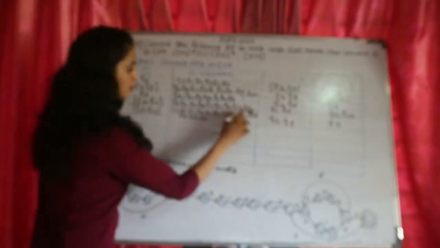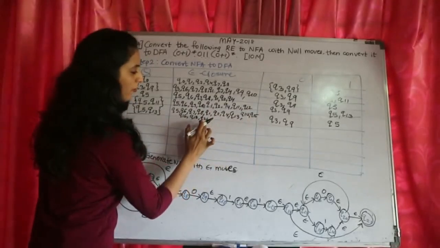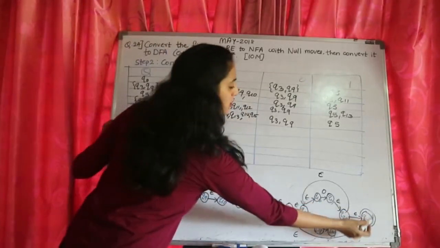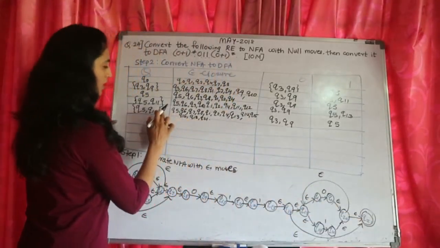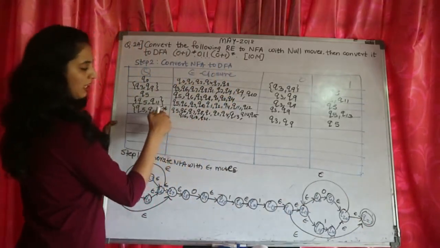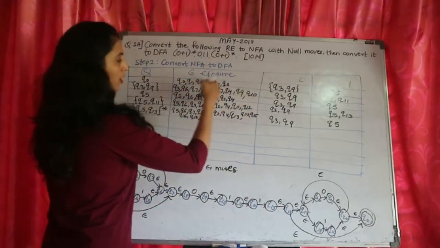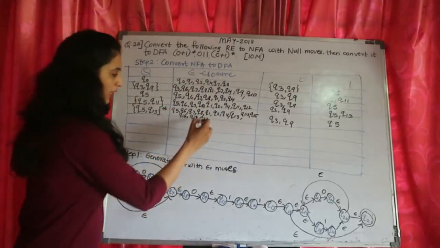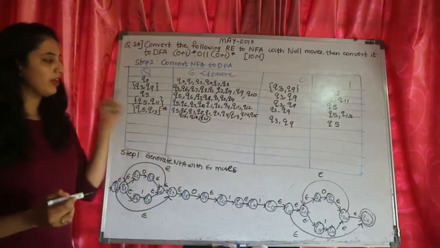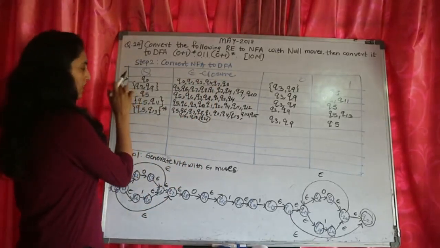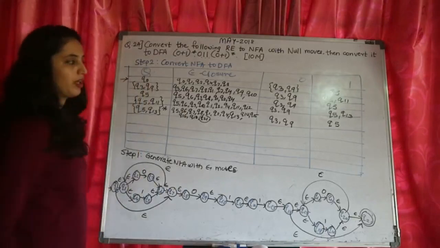So now, if you see, in this particular epsilon closure, we have found the final state. Any state whose epsilon closure contains a final state becomes a final state. Here Q21 came, so this is a final state, and Q21 has not come anywhere else. That's why we have this as a final state. The initial state of course remains the same, Q0 is Q0.